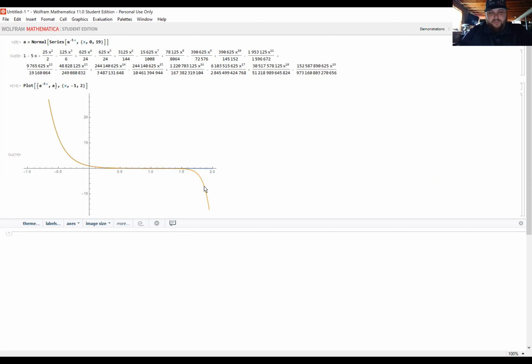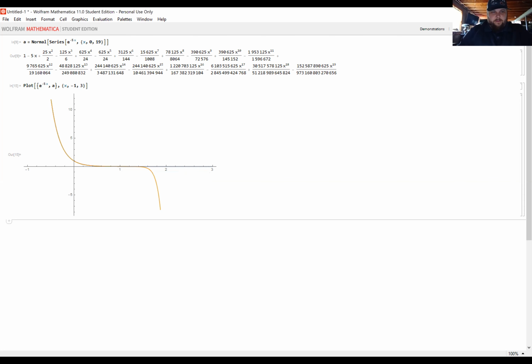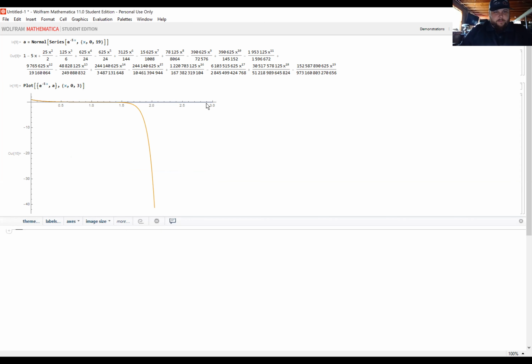And notice this function now just starts going off towards negative infinity. So by the time we get to 3, it doesn't even show us how far off we are. Here we go. So here's 3. This thing shot off God knows where. So there's e to the negative 5x, and this is our approximation to it.